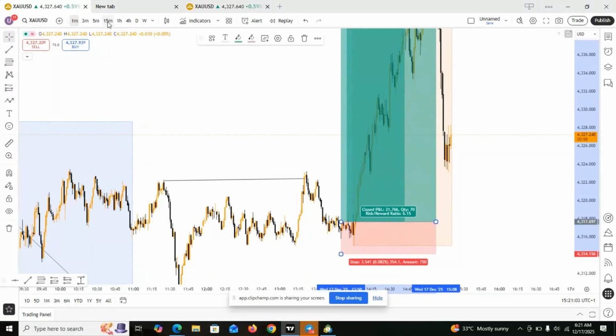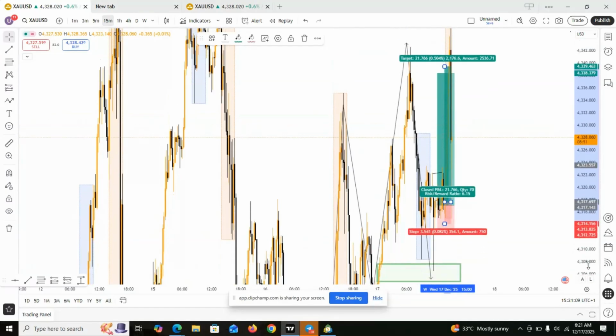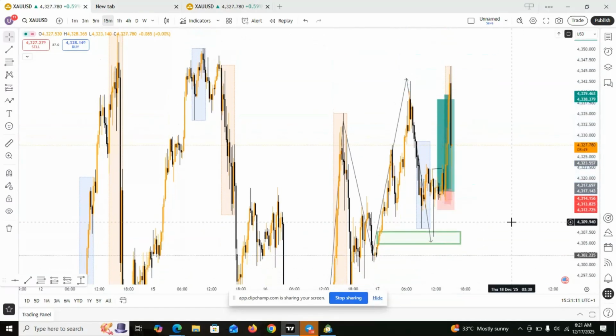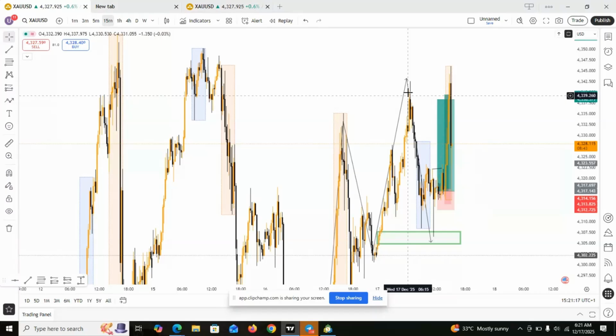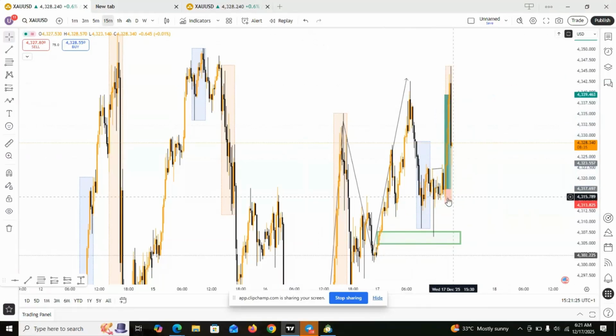Let me use the 15 minute time frame and show you this previous high. All right, on the 15 minute time frame, you can see it here already. This was my take profit, and price hit my take profit.